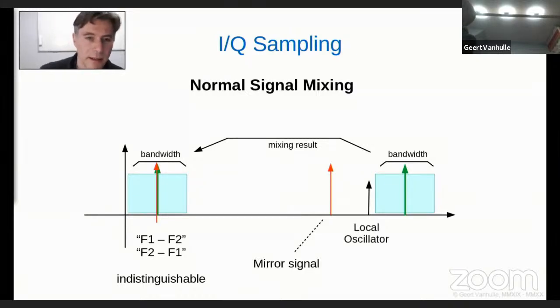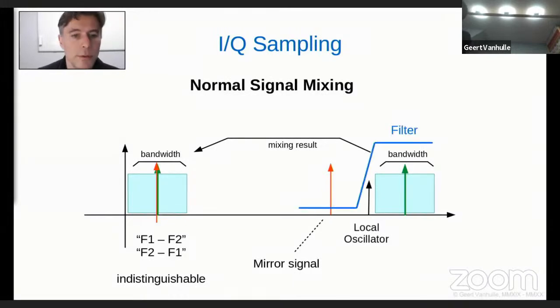This is why in an analog circuit, we will always use an input filter. Our RF input filter will always filter out these mirror signals, and in general, we will try to have a local oscillator sufficiently high above or sufficiently low below the bandwidth of interest, in order to make this analog filter less complex.